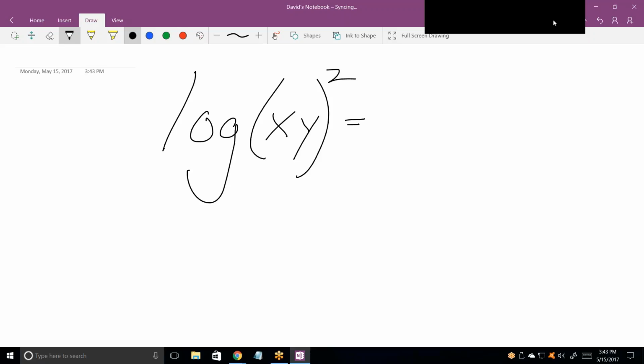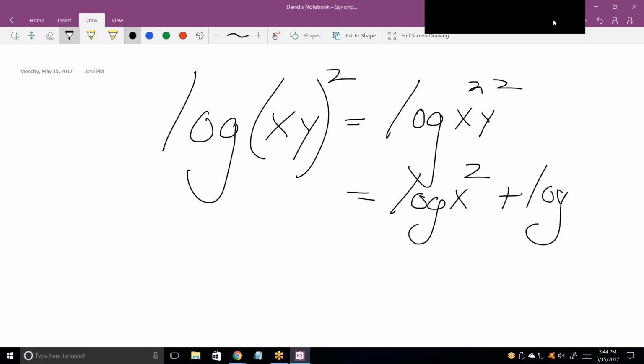First of all, we're multiplying. Second, let's change this expression, first of all, to this. Now split it up. Log x squared plus log y squared.